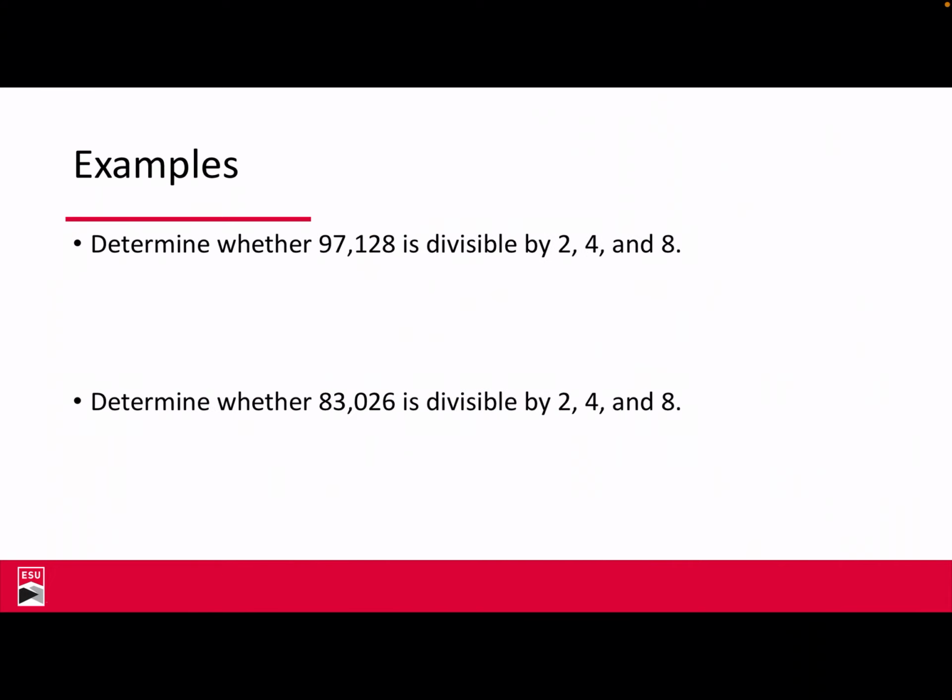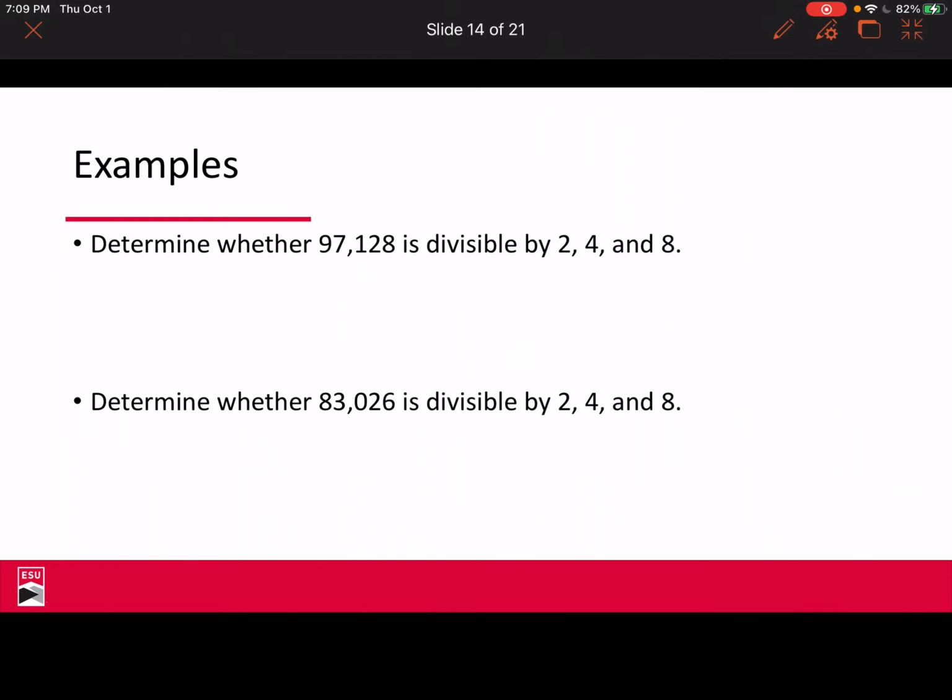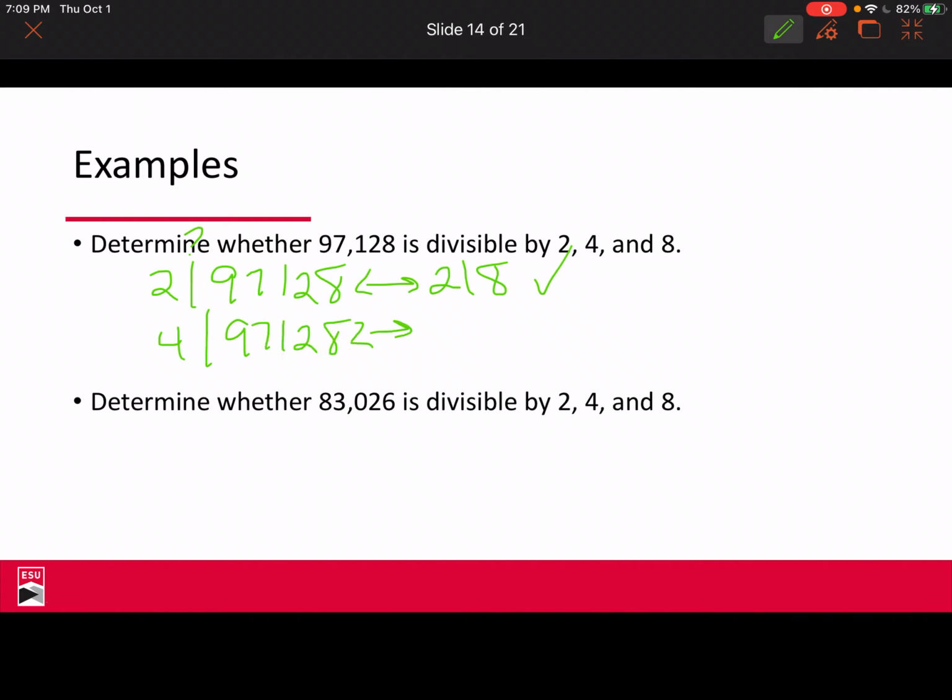And so here it says determine whether this number, 97,128, is divisible by 2, 4, and 8. Well, does 2 divide it? It does if 2 divides 8, and it does. 4 divides 97,128 if and only if 4 divides 28.